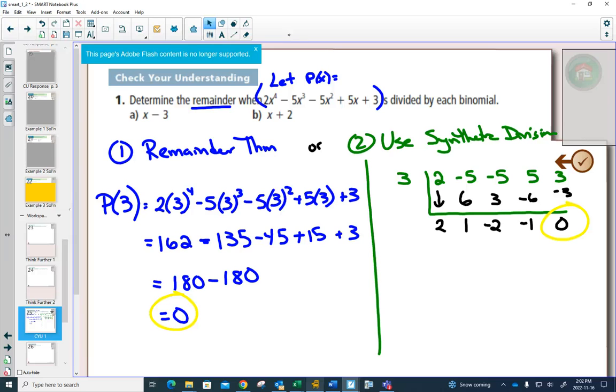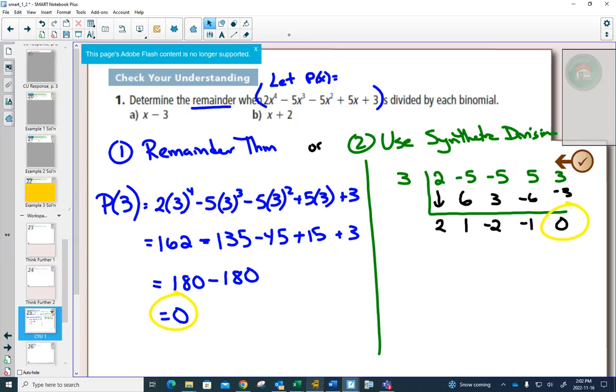What's the biggest you had to add in synthetic division? It was the minus 5 plus 6. Was that hard? Over here, you had a lot of adding. Depending on how you added it, I noticed that these would be nice to put together to get negative 180, and these would add together to get positive 180.